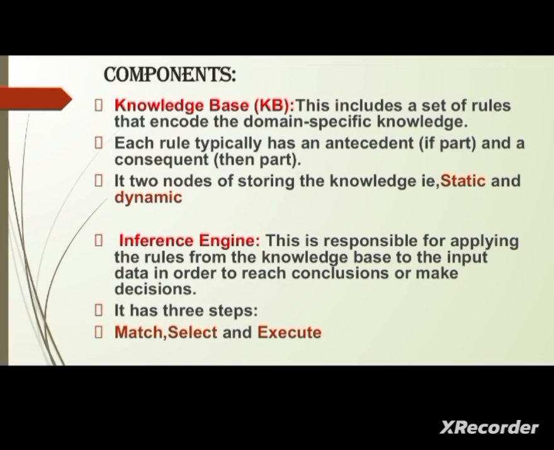In the case of static, the facts are stored before the processing of the knowledge. In the case of dynamic, the knowledge is gathered by online dialogues. This is the knowledge base.